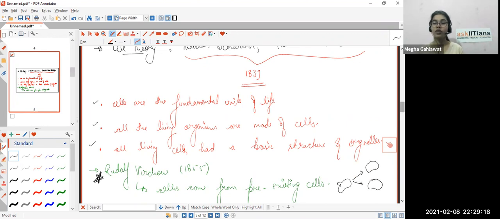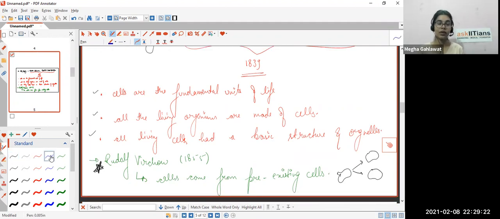Binary fission is the type of reproduction which leads to the production of two identical daughter cells. So you see we have the parent amoeba and daughter amoeba number one and daughter amoeba number two. So these cells came from where? From the parent amoeba, right? So cells came from pre-existing cells. Now that being said, we'll move forward to the next slide.